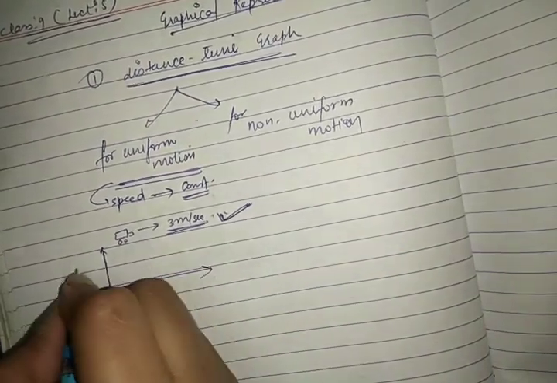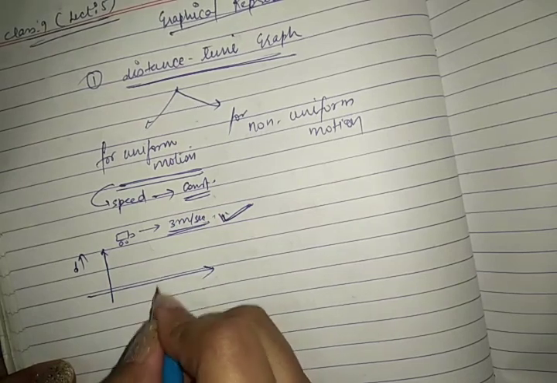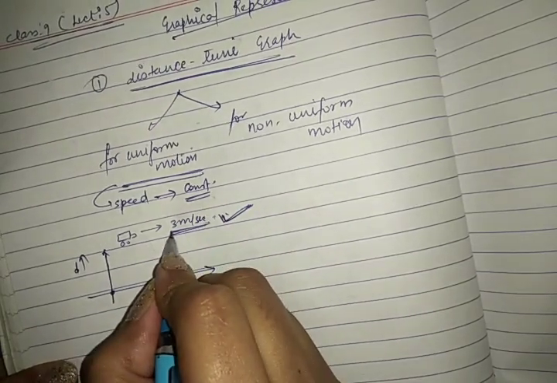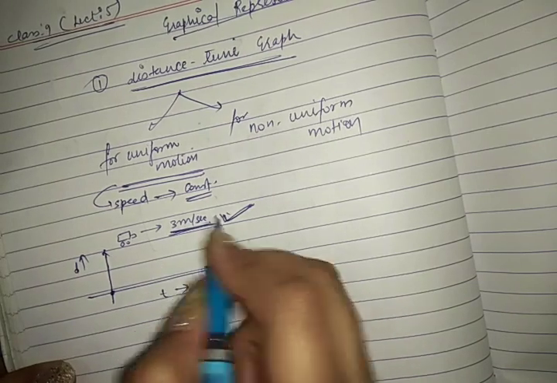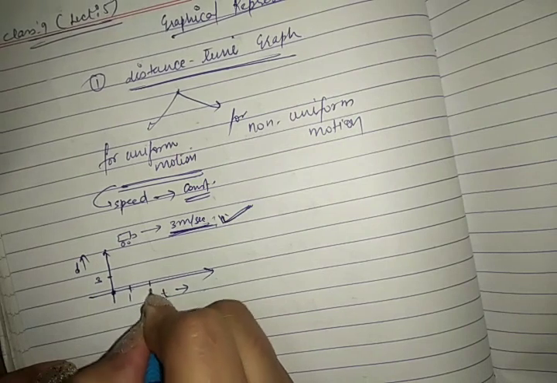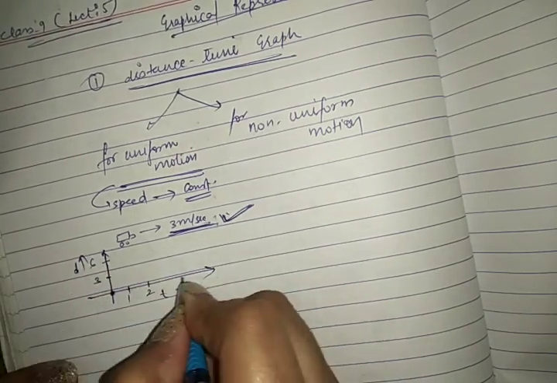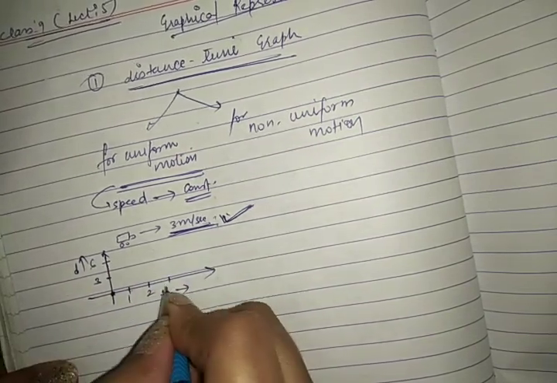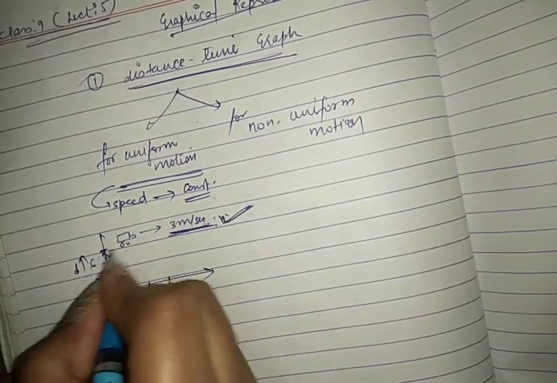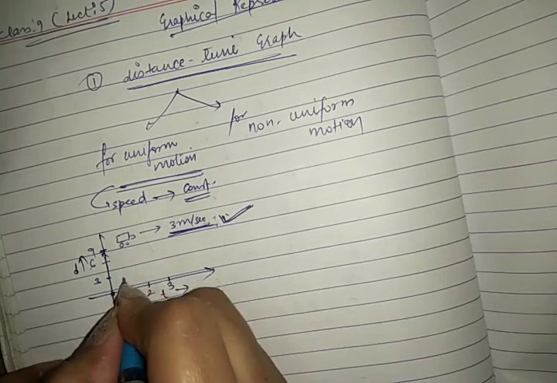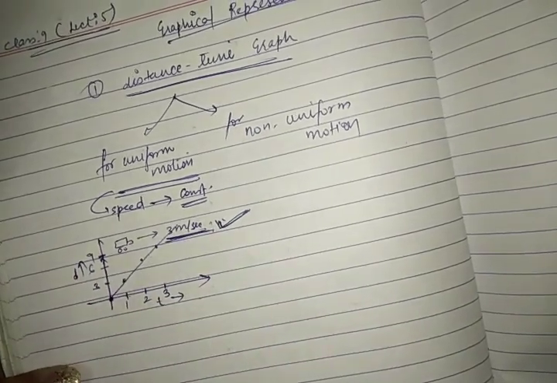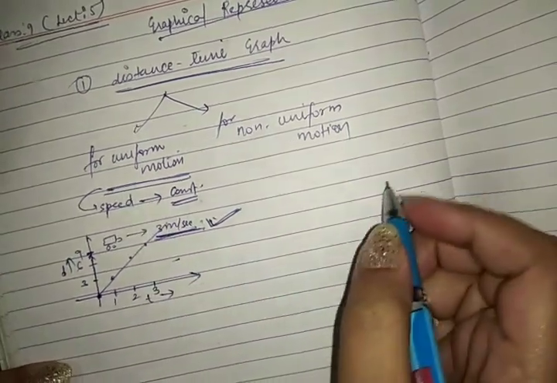So if this is the distance axis and this is the time axis, and the object is traveling with a speed of 3 meter per second, then in 1 second it will travel 3 meter, in another 1 second it will travel another 3 meter, in the next 1 second another 3 meter, like this. So the graph we will get is a straight line. This is in case of uniform motion.